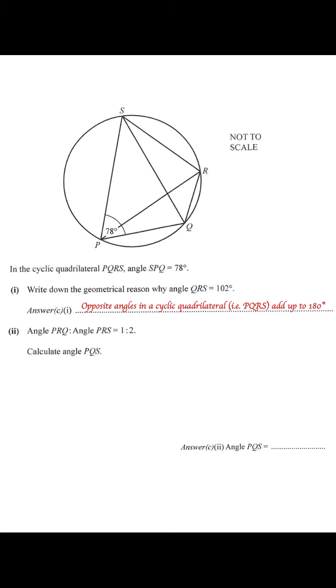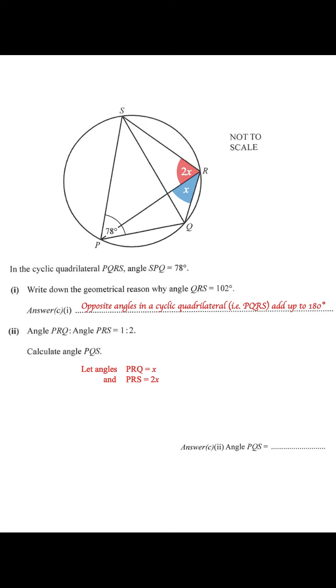Okay, the next thing says angle PRQ to angle PRS equals 1 to 2. So another way of saying that is if PRQ is x, as I've marked there, then PRS is twice as much, 2x. So I've introduced this x to make it a little bit easier for me to interpret.